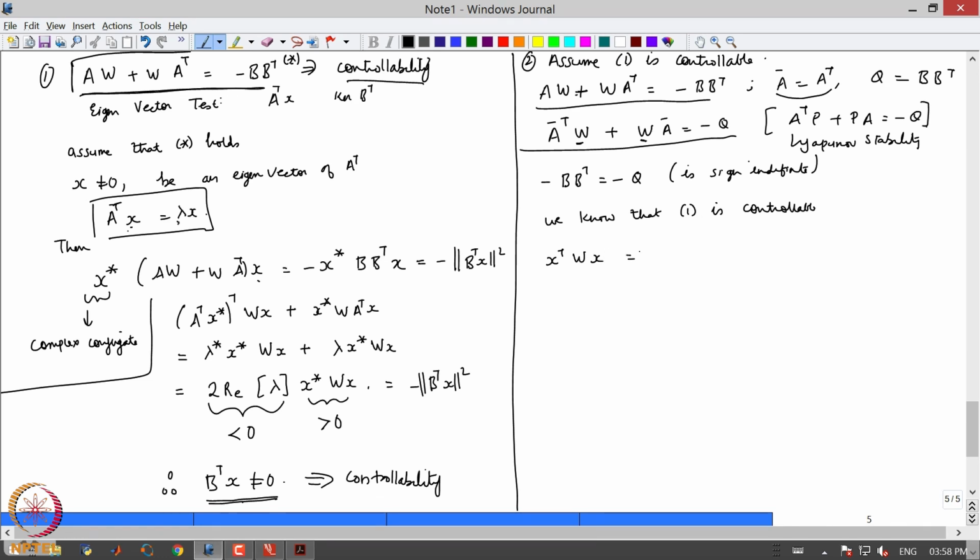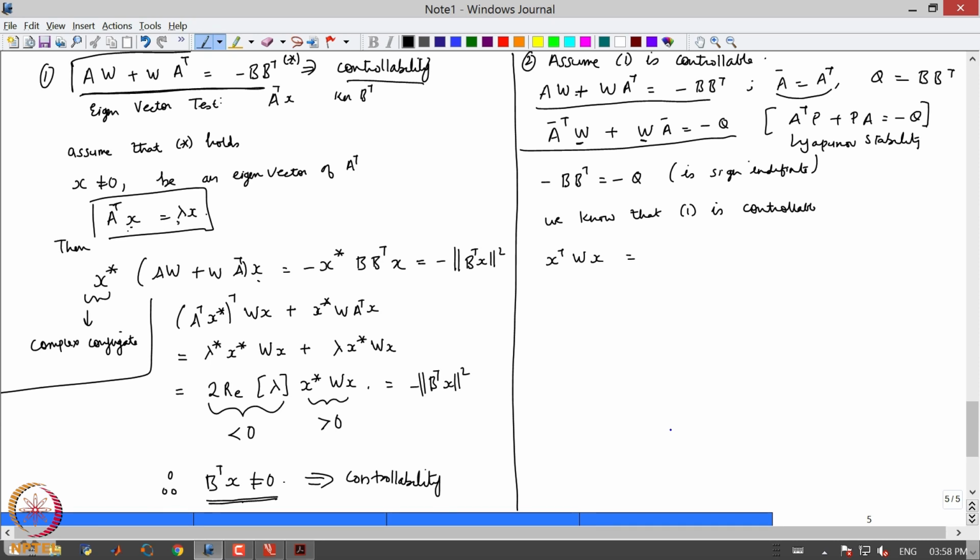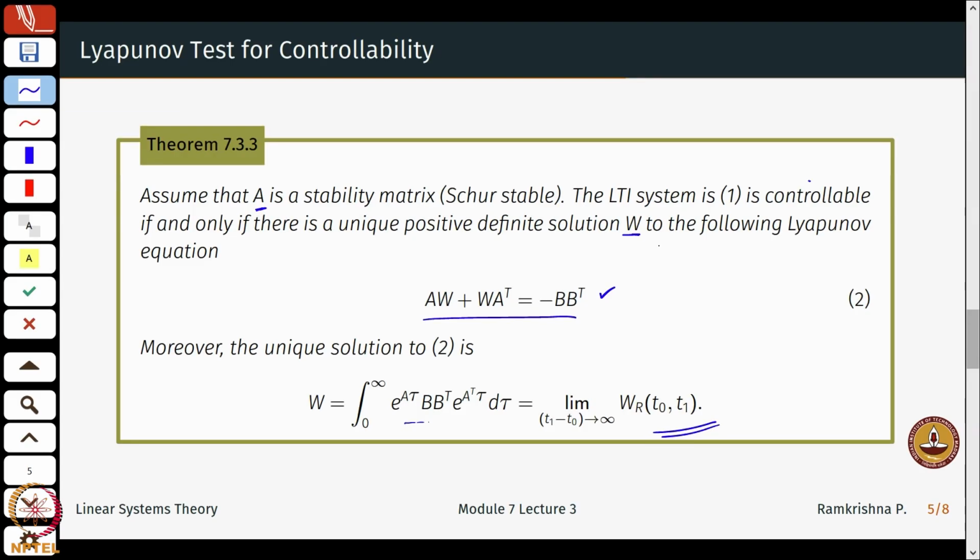Now, what is this W? What I want to prove is that the W given by this expression is a unique solution. Uniqueness I can prove, but now I will prove that this is actually the solution here, and that W is a positive definite solution.